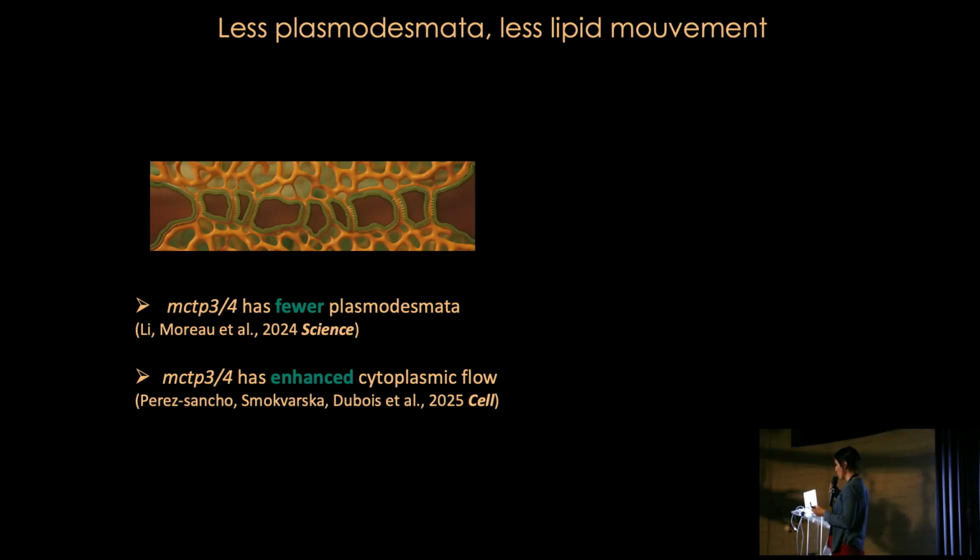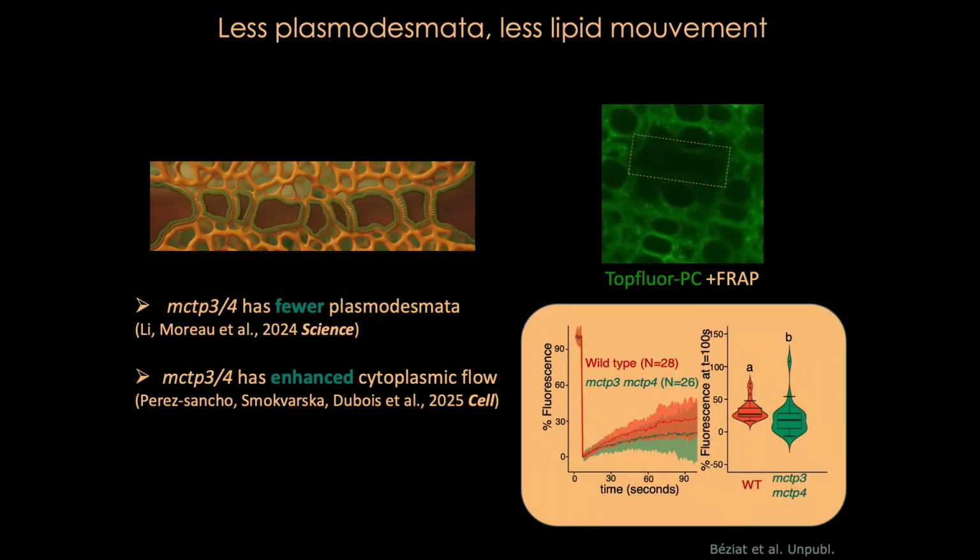So if the lipids move along the plane of the membrane, we should see less movement in our mutant because there are fewer membrane tubes available. If it moves through the cytosol, we should see more movement because we know that the cytoplasmic gap is larger and cytosolic molecules move faster. And what we see is actually less movement, suggesting that yes, indeed, it's moving within the plane of the membrane.